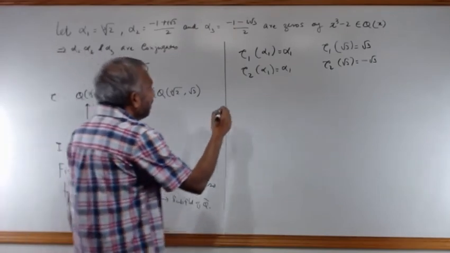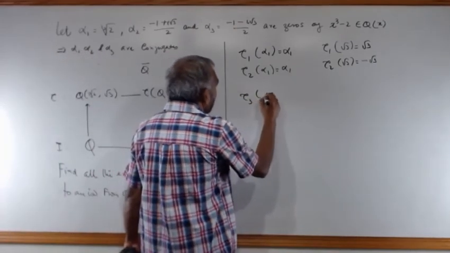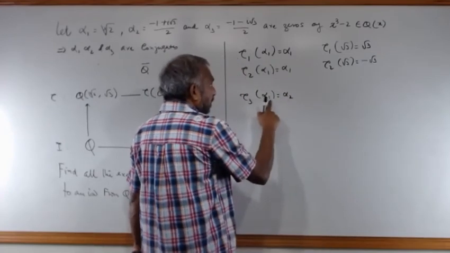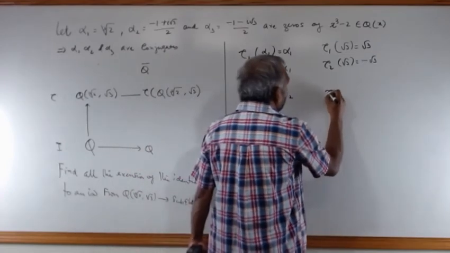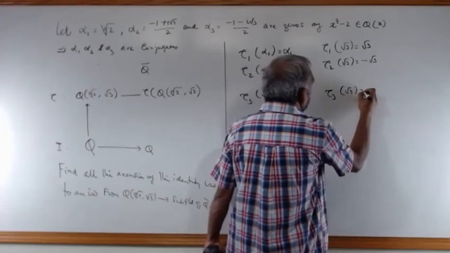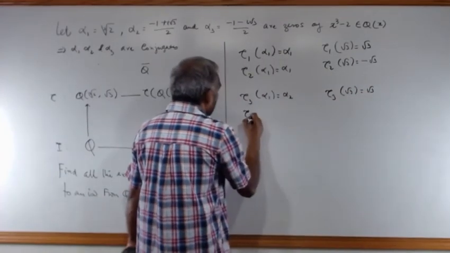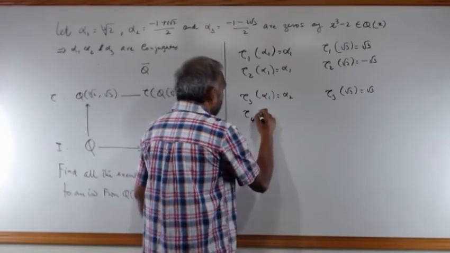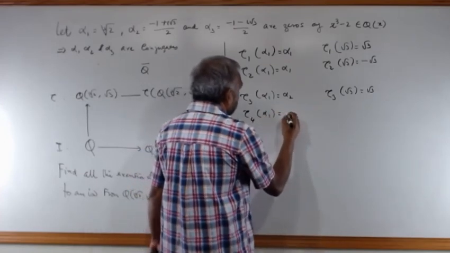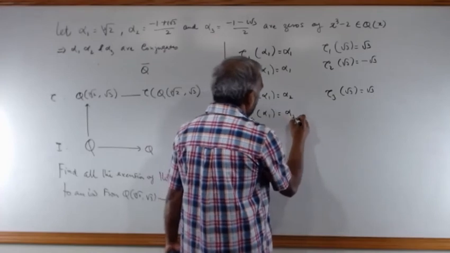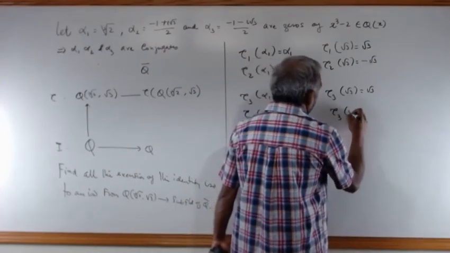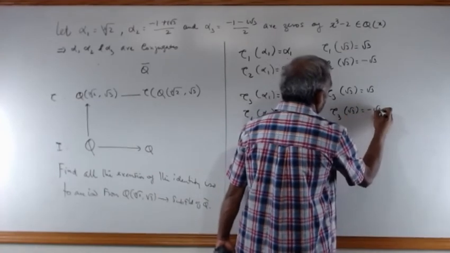The next one would be tau3 of alpha 1 is equal to alpha 2, because that is possible, these are conjugates, and tau3 of root 3 is equal to root 3. And tau4 of alpha 1 is equal to alpha 2, tau4 of root 3 is equal to minus root 3.